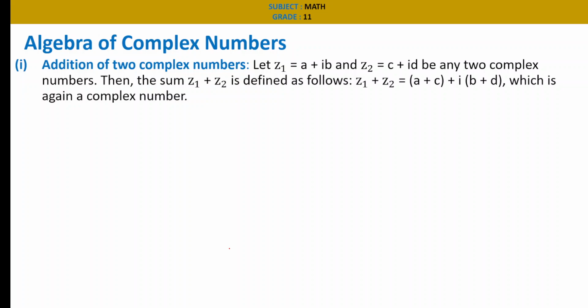Algebra of complex numbers. First one is addition of two complex numbers. We denote complex numbers with a Z. So here let us denote Z1 is equal to a plus ib and Z2 is equal to c plus id. In general, if you want to add real numbers, 2 plus 3, we'll add it up.